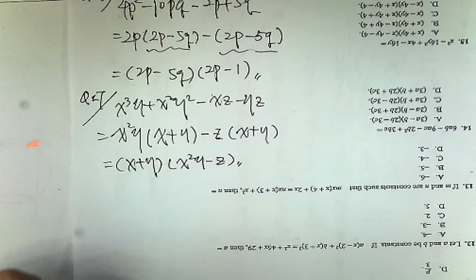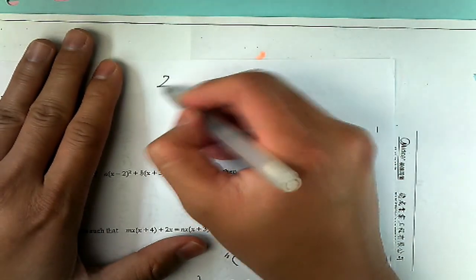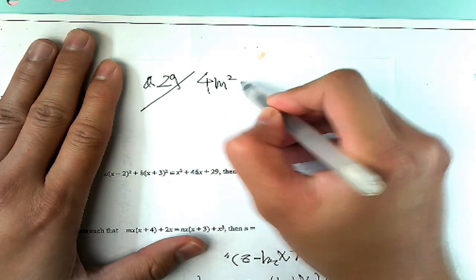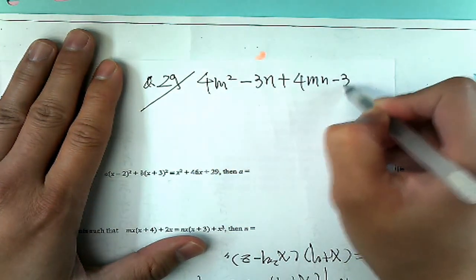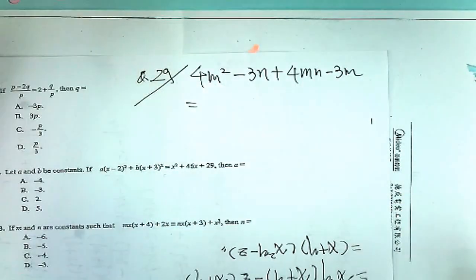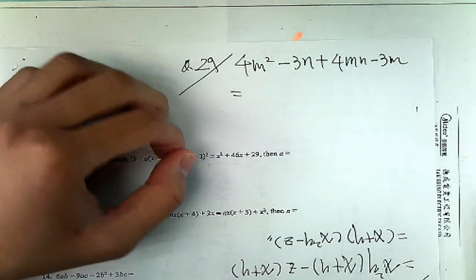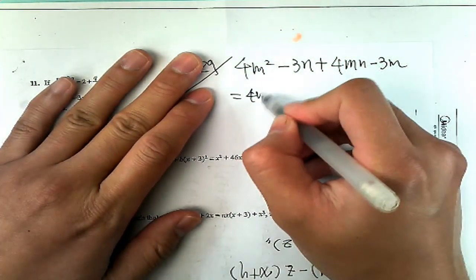Go to one last, is it okay? So one last here, the 29. 4m squared minus 3m plus 4mn minus 3m. So obviously for the first two terms you cannot pull out anything, right? So better you can change these two terms in the middle.